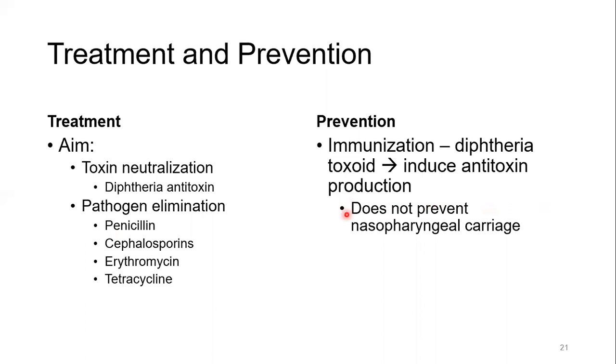However, that does not prevent carriage, and therefore, if you have a carrier within the nasopharynx, they can also pass the microorganism to other people, and if they're not immunized, then that can lead to disease. And that's why it's important to vaccinate people, everybody if possible.